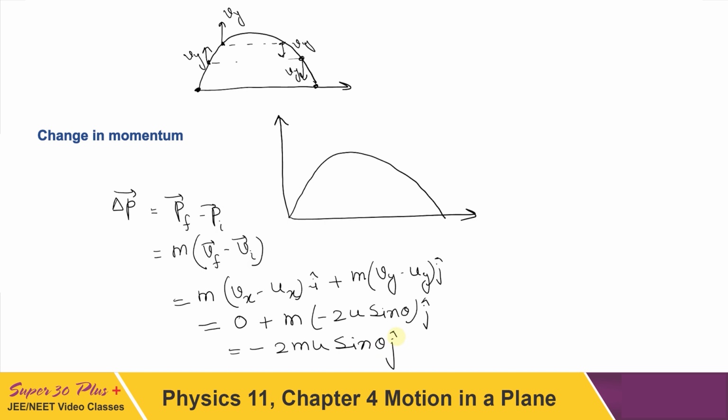A lot of terms can be derived, can be analyzed with help of this kind of analysis, where we are analyzing the motion both separately in x and in y direction. It can be for any point, whether this point or at maximum height or any other point. In one of the previous sessions, I had taken one example in which I had calculated time taken when velocity vector becomes perpendicular to initial velocity vector.